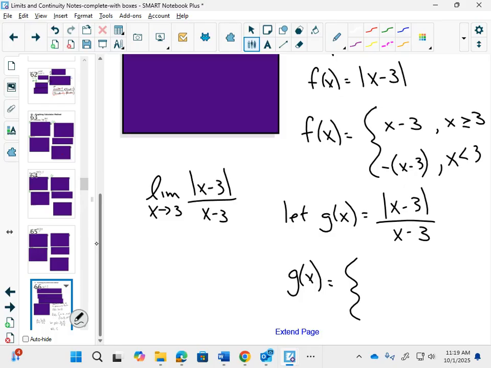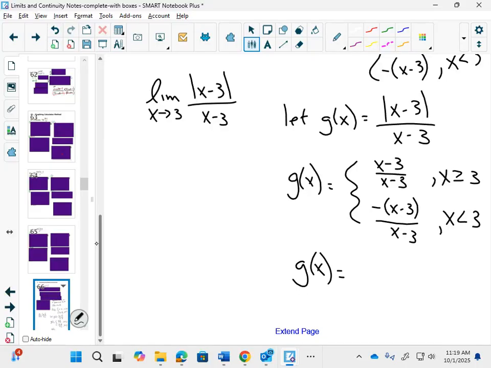When x is bigger than or equal to 3, this is just x minus 3 over x minus 3. And when x is less than 3, I'd have to put a negative out in front of the top to make it positive, over x minus 3.